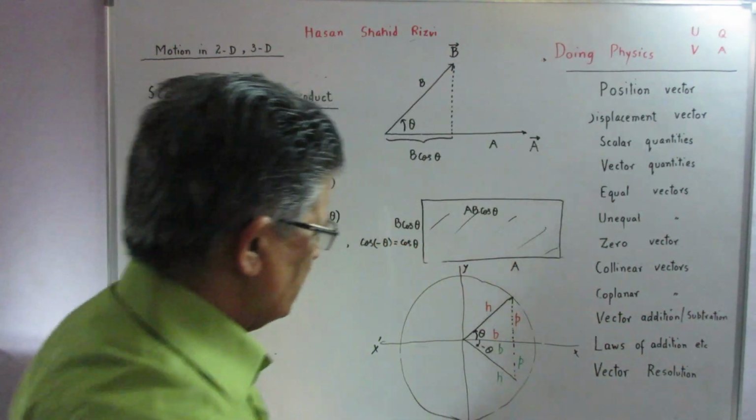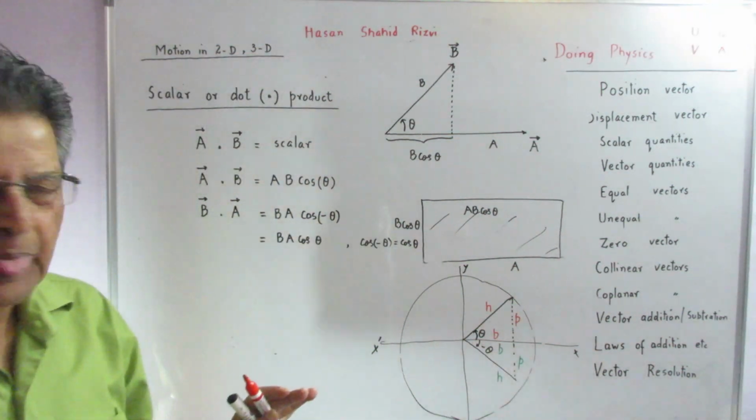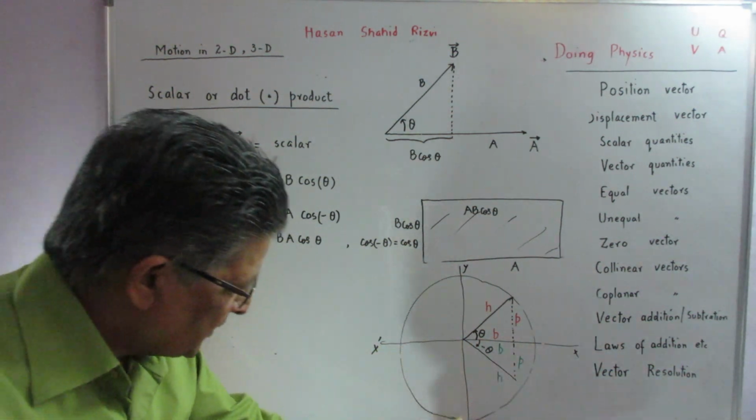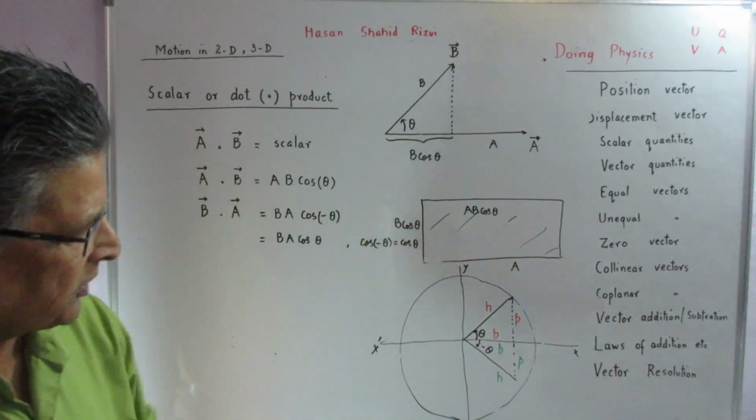Now one thing I'll just tell you, that hypotenuse is always positive, but this direction is negative and this direction is negative, this direction is positive and this direction is positive.